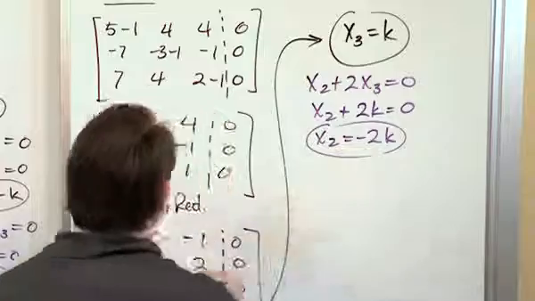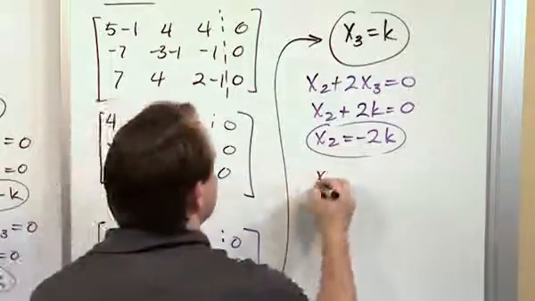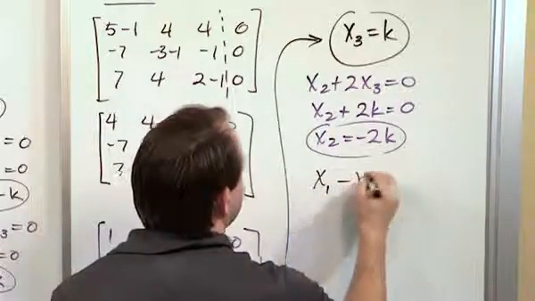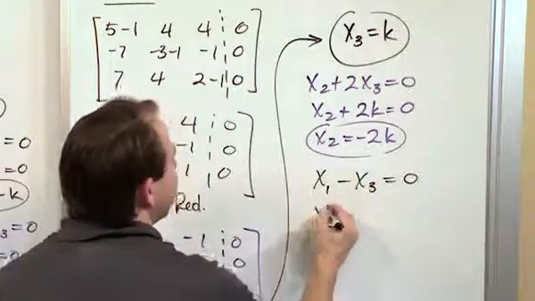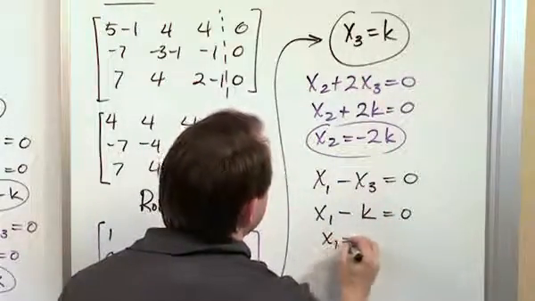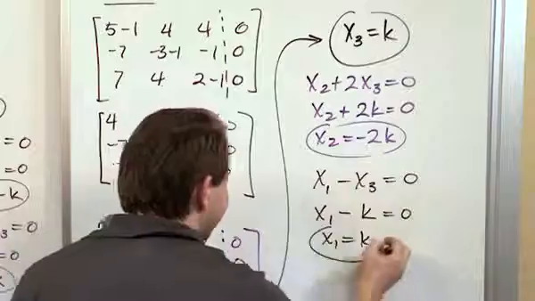And then finally, the top equation is x1 minus x3 is equal to 0. So x1 minus k is 0, so x1 is k. And I can circle that.